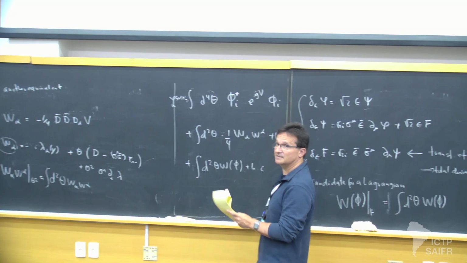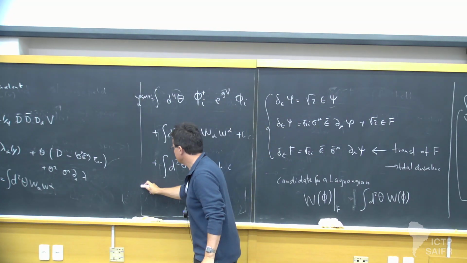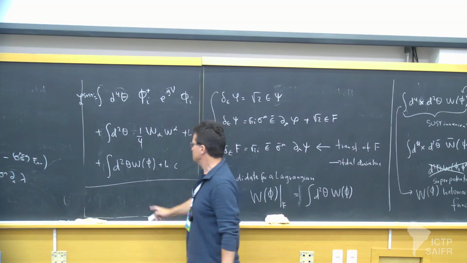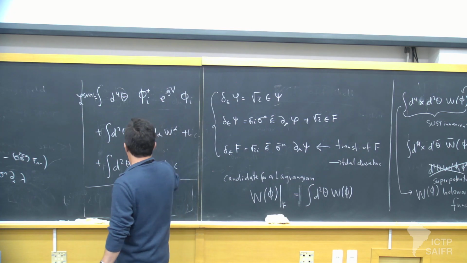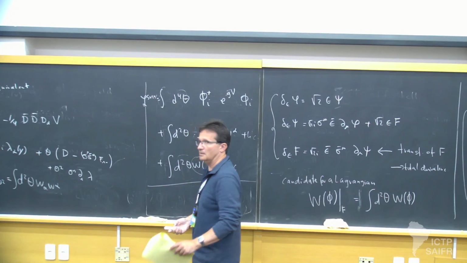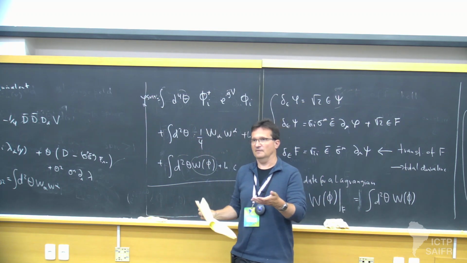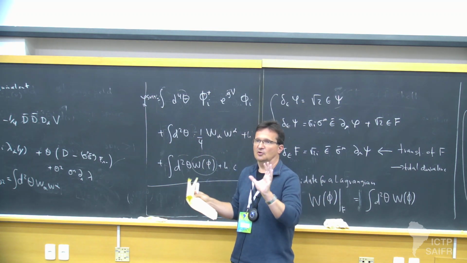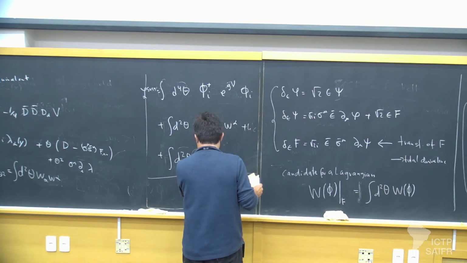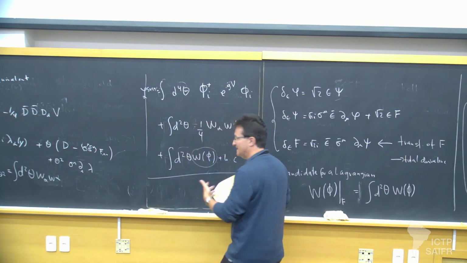Why do we always take the highest component of the expression? So again, for these, I explained to you that that's a total derivative, so that will be a good candidate for an action.